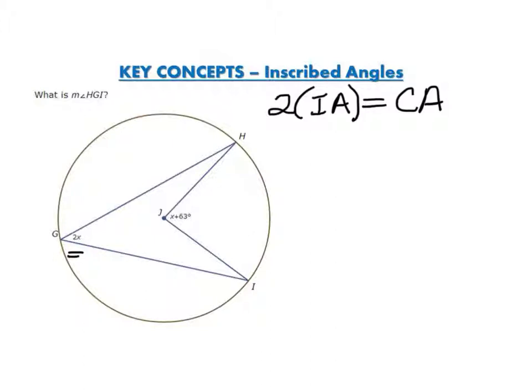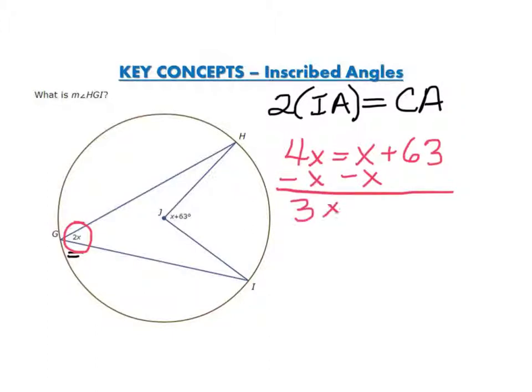So I have to multiply 2 times the inscribed angle. Well, 2 times 2 is 4. So I have 4x equals, the central angle is x plus 63. I subtract 1x from both sides. I get 3x equals 63.